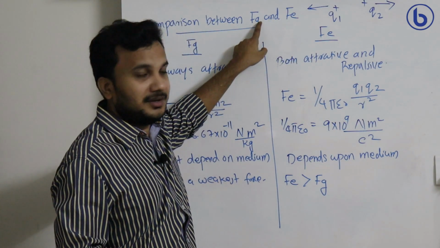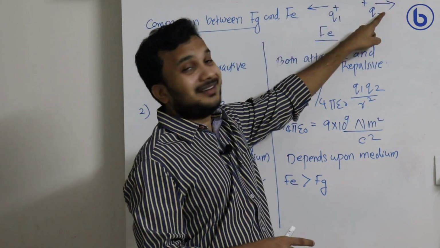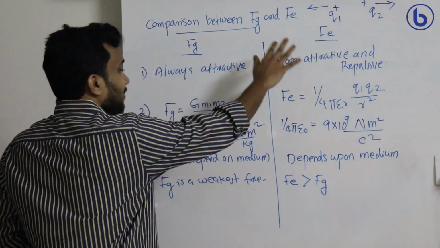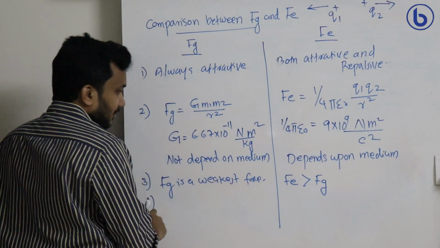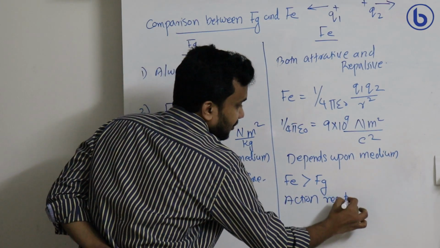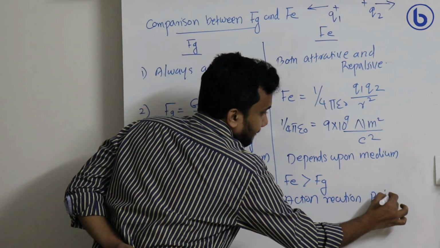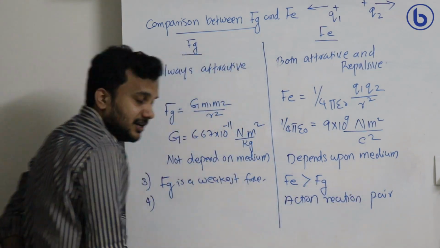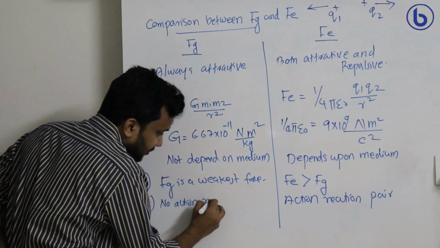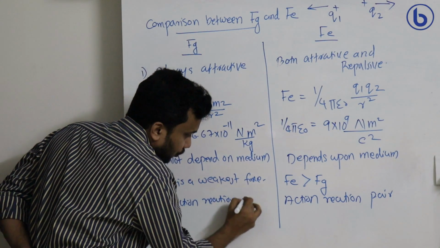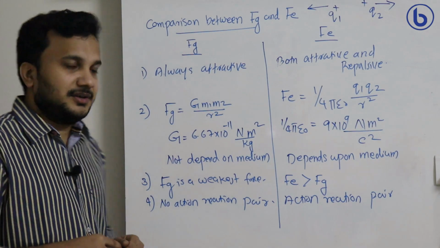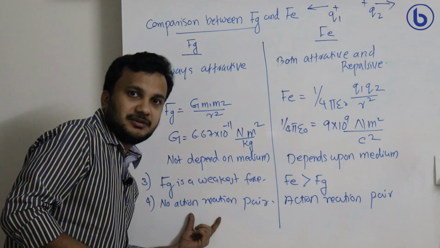Left side it is moving. Then Q1 will give a reaction to Q2 towards the right side. That is what electrical force is, an action reaction pair. So electrical force is always an action reaction pair, but there is no action reaction pair here. So four points I have discussed.